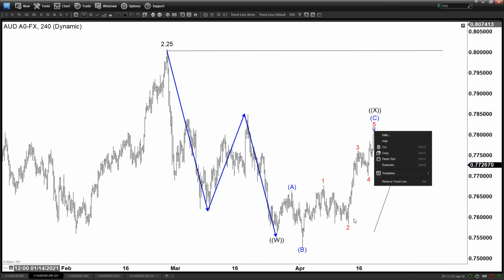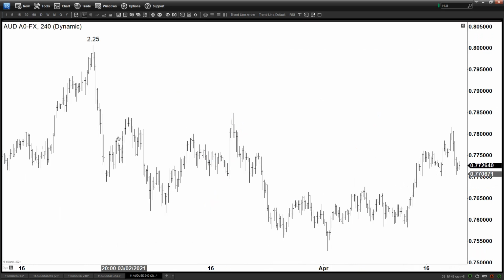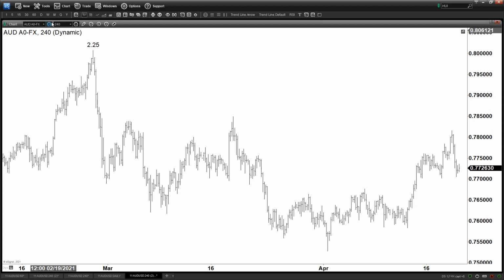Now we are calling for another leg lower for now, a possibility of what we call a double correction in the Aussie dollars. The reason is because of the other pairs right now. If you take a look at, let's say, the dollar index, you can also take a look at the euro dollar as well, same thing.